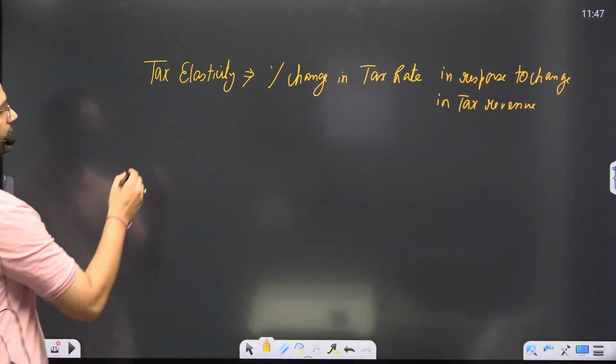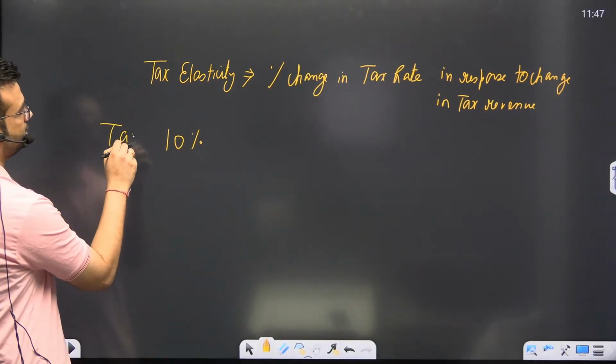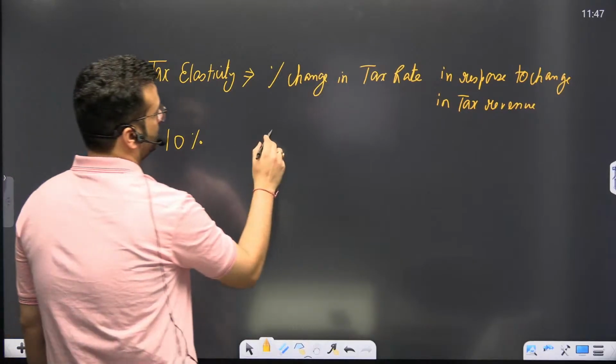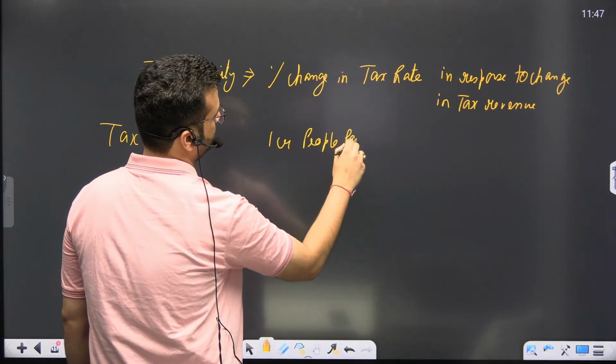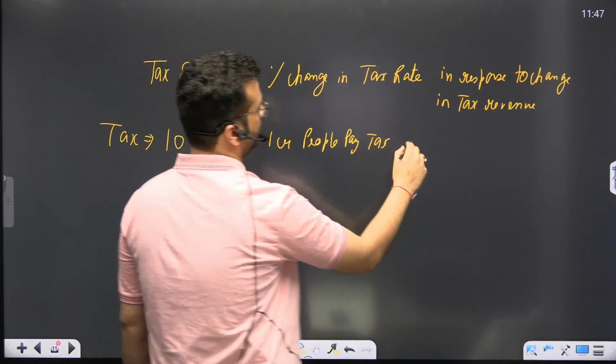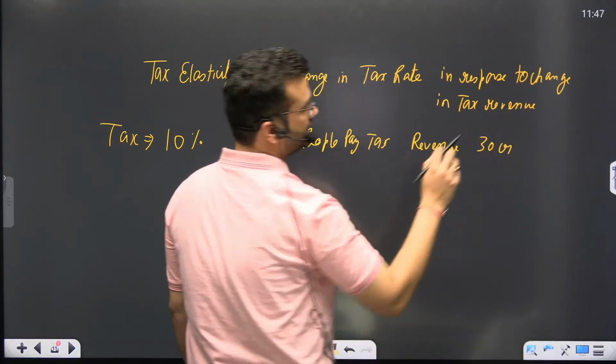Suppose when the tax is 10%, 1 crore people pay taxes, and revenue, let's say, is 30 crore. This is just an example, friends.